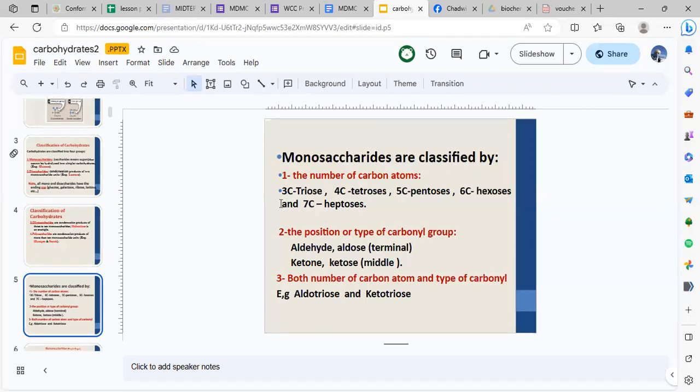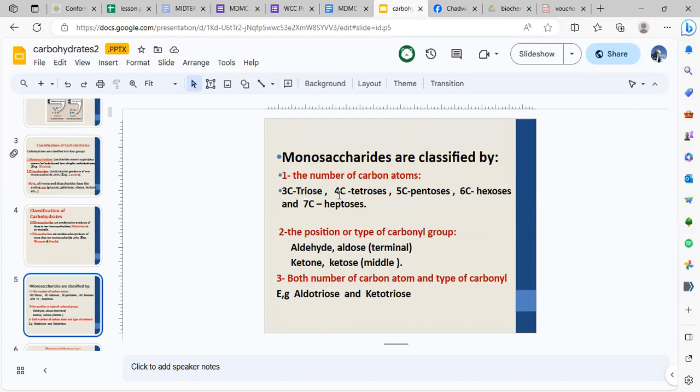So we go to monosaccharides. How are they classified? So there are three categories. So if you want to find the number of atoms, you use the prefix. If it's classified according to the number of atoms, the prefix tri means 3, tetra means 4, penta means 5, hexa means 6, hepta means 7.